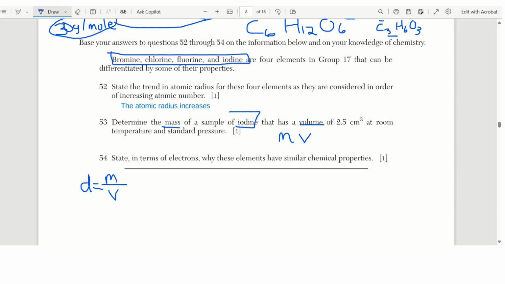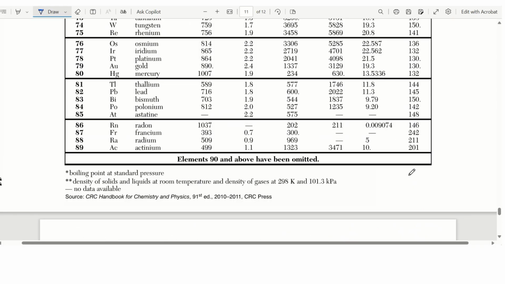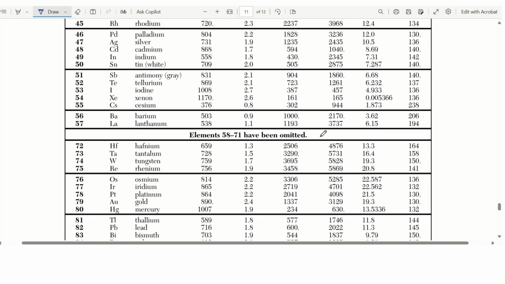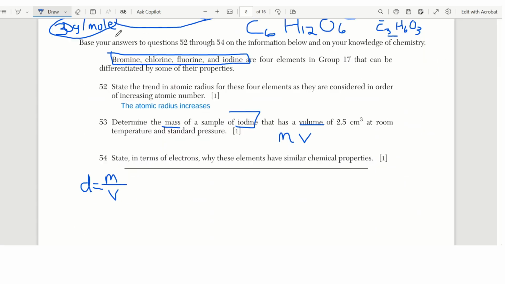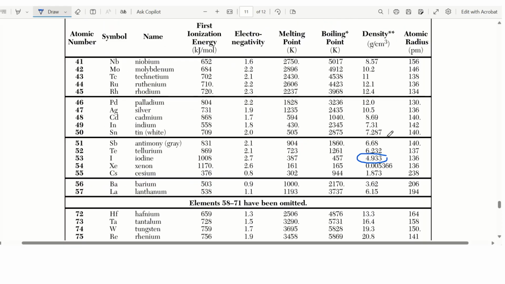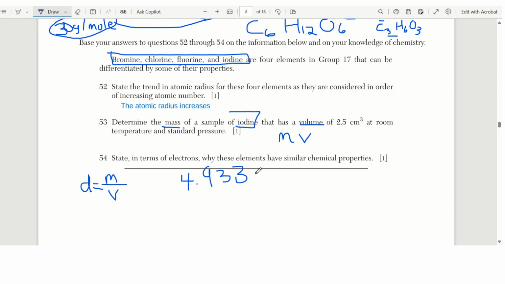How would I find the density of iodine? Well, I would go to the reference table. Density is this one. Here is the density of iodine, 4.933. Equals, mass is what I'm trying to find, and there is the volume, 2.5.